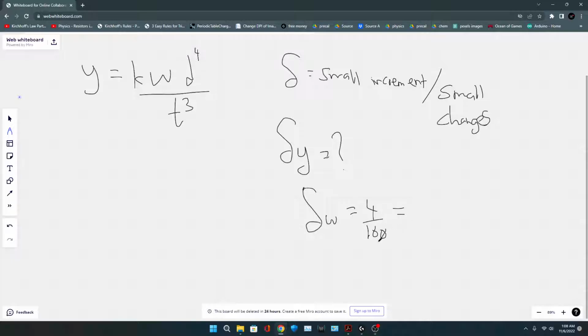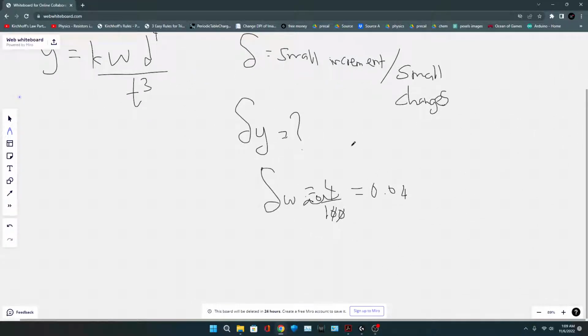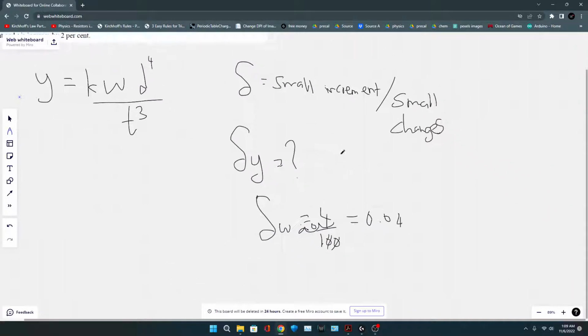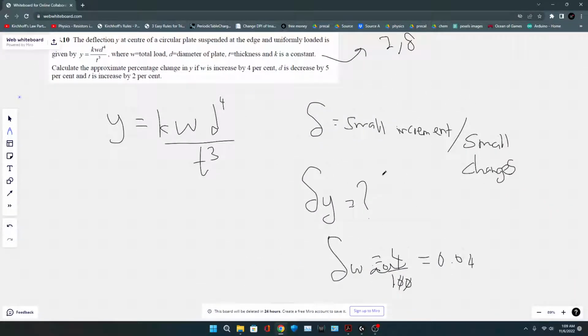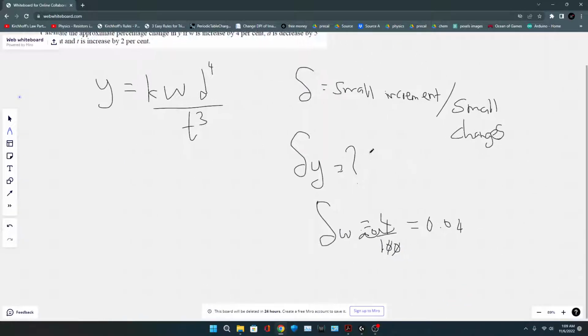Which means that kalau kita potong 1, 2, we get 0.04. It's always important untuk korang tukar daripada percentage kepada whole number, sebab nak make it easier in the calculation later on. Kalau korang tak tukar, the value might differ, so boleh jadi salah lah.